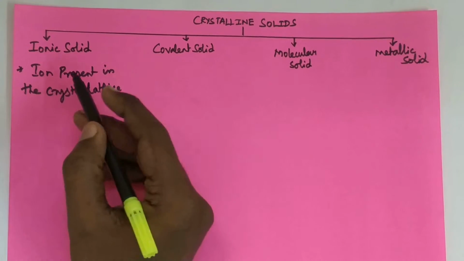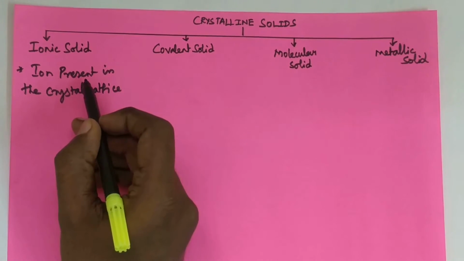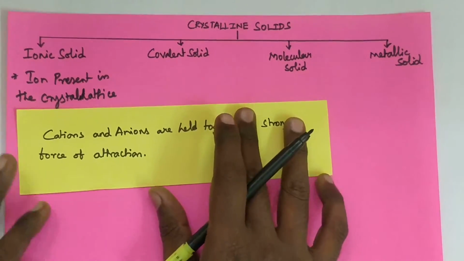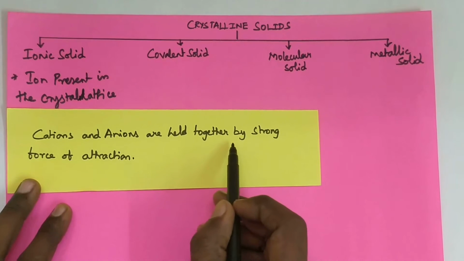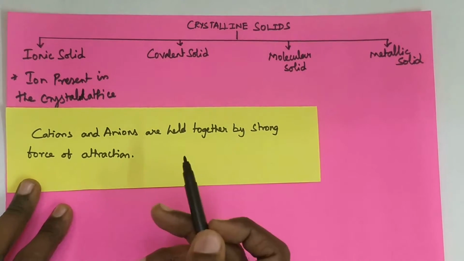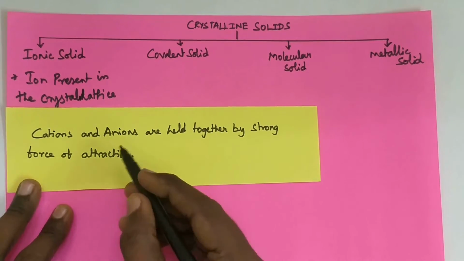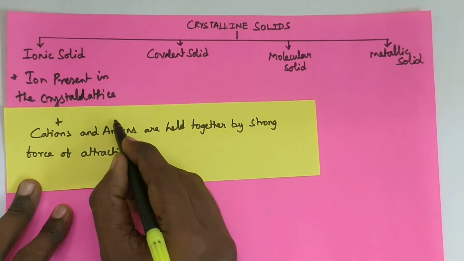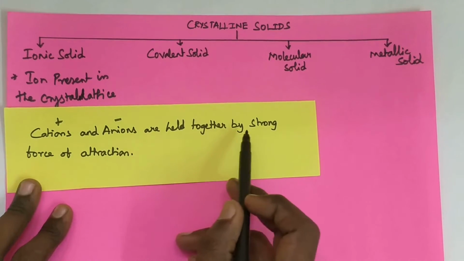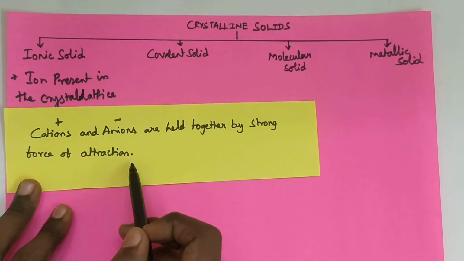Ions means it consists of both cation and anion. So in ionic solids, cations and anions are held together by a strong force of attraction. Attraction, as you already know, is because of opposite signs. Cation means the charge is plus, anion means minus.